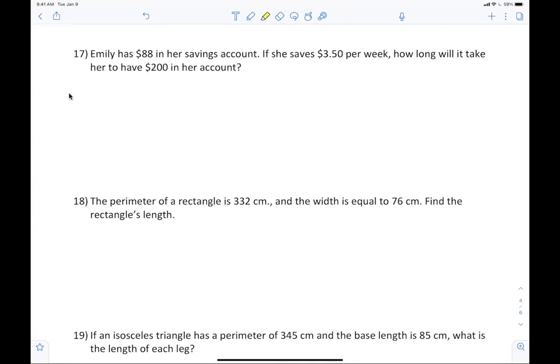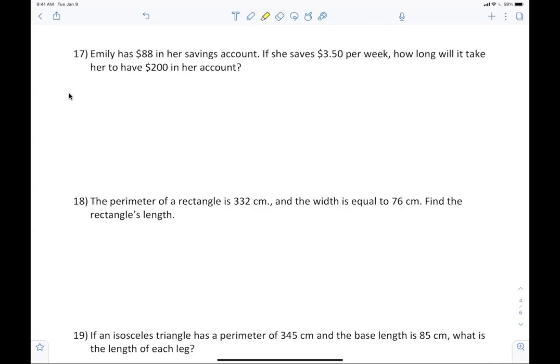Emily has $88 in her savings account. If she saves $350 per week, how long will it take for her to have $200 in her account? All right, Eddie, read it to me again and tell me how to write the equation. So what do I have to do?